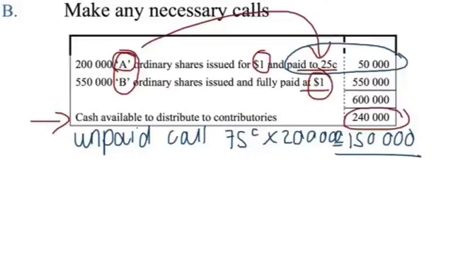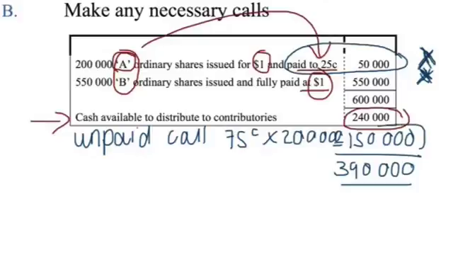We've got a total amount of cash that is theoretically available of $390,000, because after we've made this call, both the A and B shareholders will be in a similar position, namely that their shares are fully paid. We call this $150,000 the notional call, because that is theoretically what we can also get from our capital contributors.